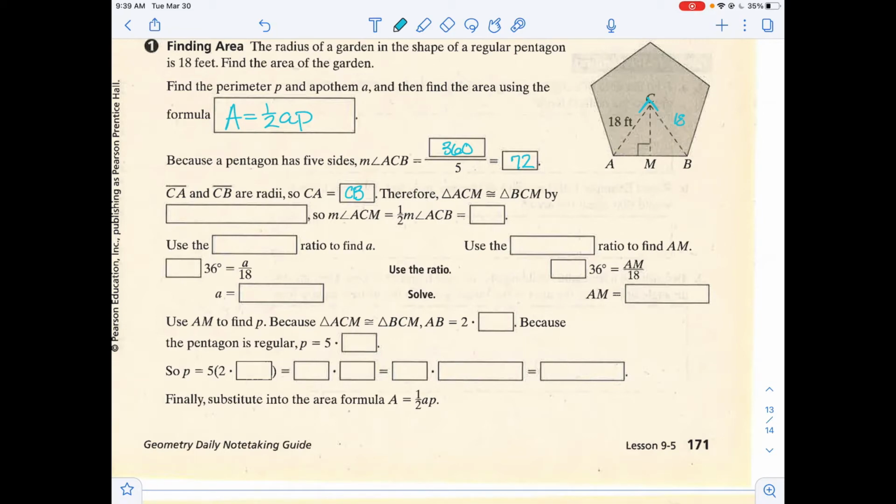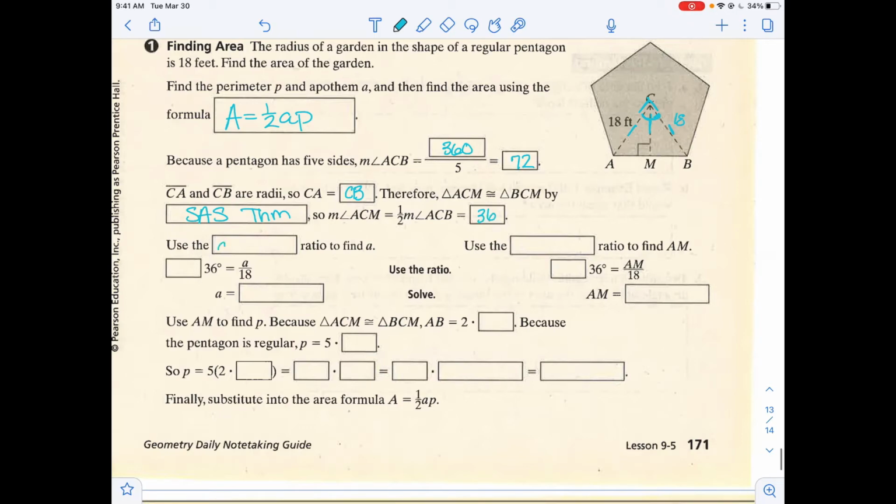Therefore, the two triangles are congruent by side angle side theorem. Because each of these sides is 18, they share this side, and this angle in here should be half of the whole angle, so those should be congruent. So the measure of angle ACM is half of ACB. So if we take half of 72, that would be 36.